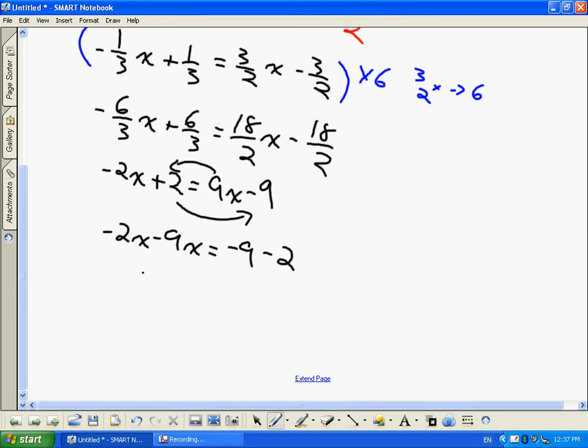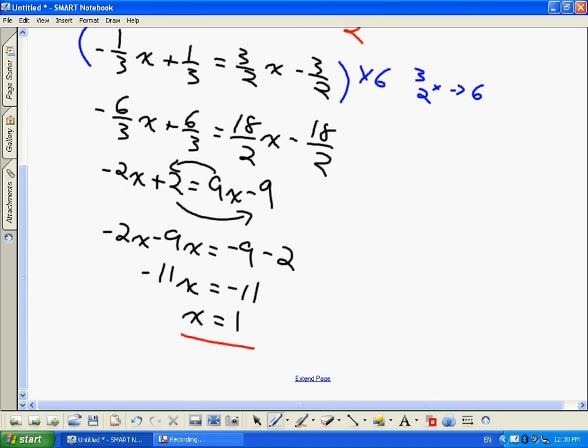This will become negative 11x equals negative 11. Lo and behold, x equals 1. So these two lines, these diagonals, cross at x equals 1. I just have to find the other coordinate.